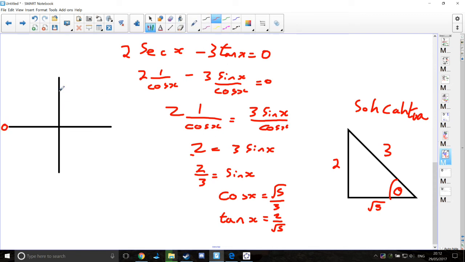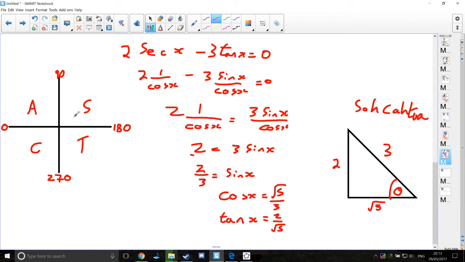Now, cast isn't a great way to remember this because it doesn't actually start with C. But I'll just explain how this works. This is a cast diagram. It is a quick way to work out whether a trig function is positive or negative if you know what two values it's between.